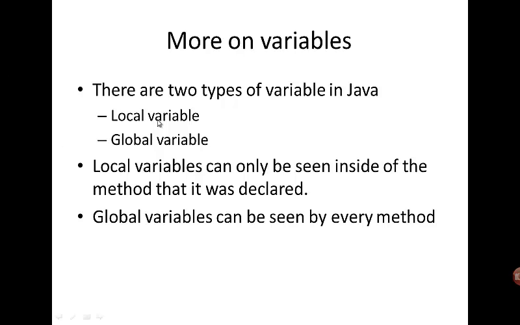A local variable is always defined inside of a method, and you can't access that variable outside of that method. I will show it to you in a little bit so it becomes a lot more clear. Global variables can be seen by every method. Local variables can only be seen by the method that it was declared in.